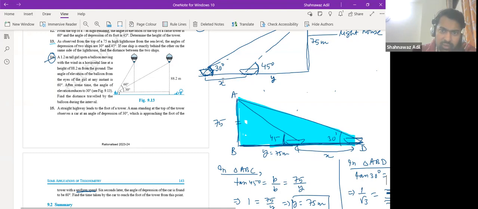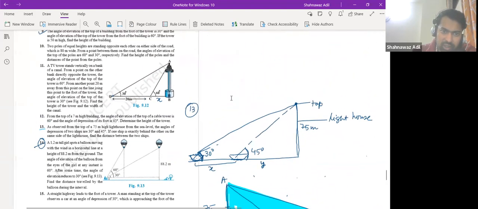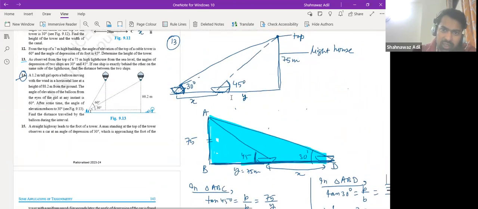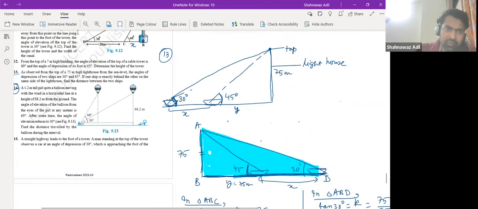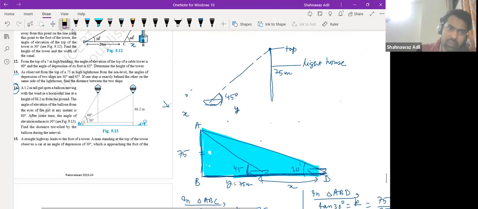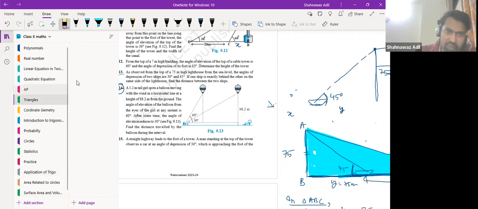So then let us start the new chapter, right? This application of geometry is done, so we can start this chapter.